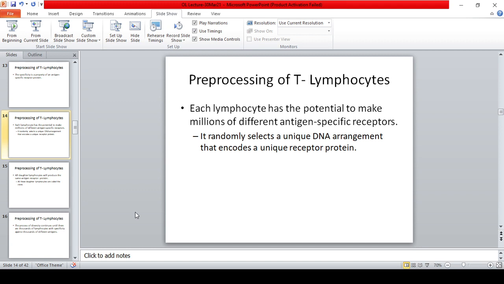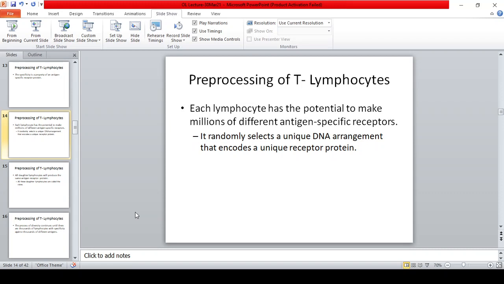Now, each lymphocyte has the potential to make millions of different antigen-specific receptors, meaning it has the capability to make any of millions of receptor proteins, because it has the DNA, and DNA can make any of the millions of specific receptor proteins.